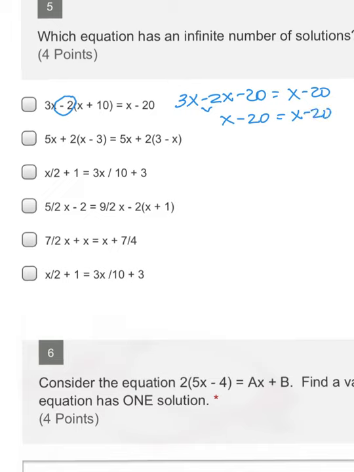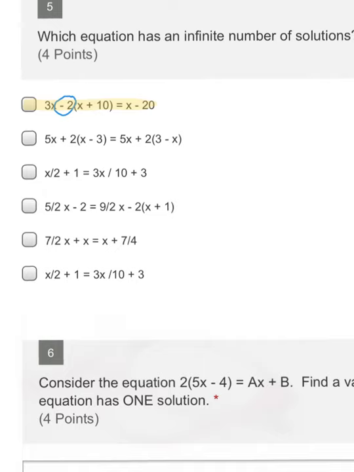These are the same, right? So I can see that the x's are going to cancel out because they're the same on both sides, and I'm left with negative 20 equals negative 20, which is a true statement. They're the same, so I know that the first example is going to have infinite solutions.